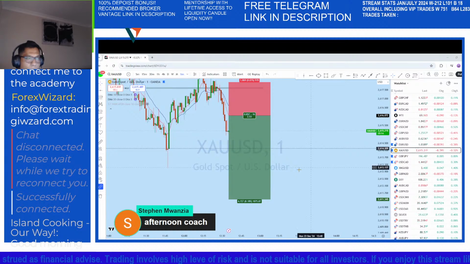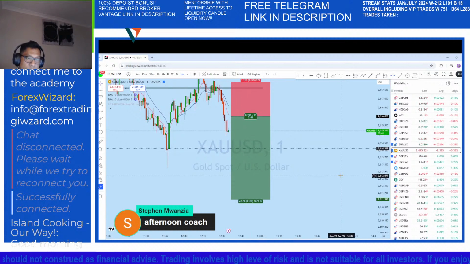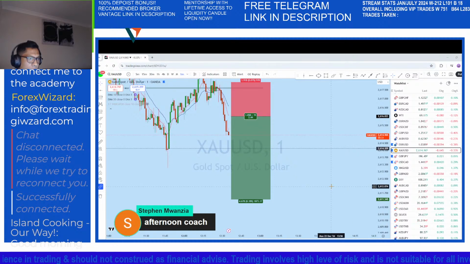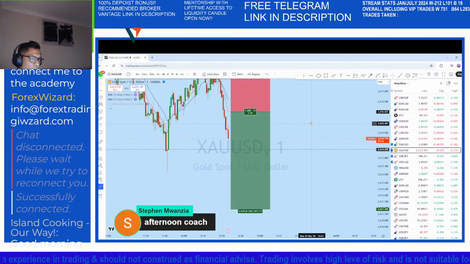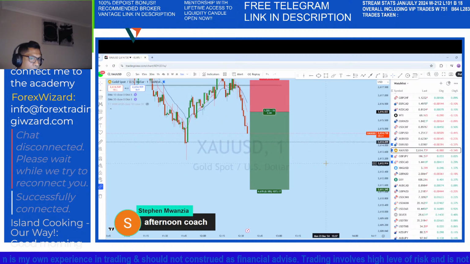So there is a narrow doji, which I think may push the price towards the downside. Let's keep watching and wanting to see that it's breaking below.